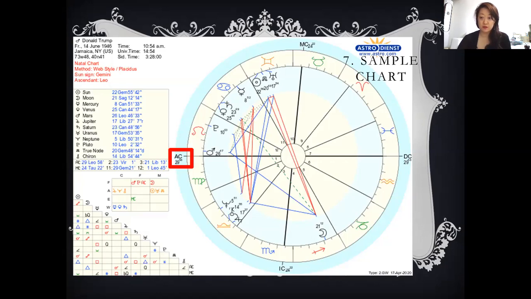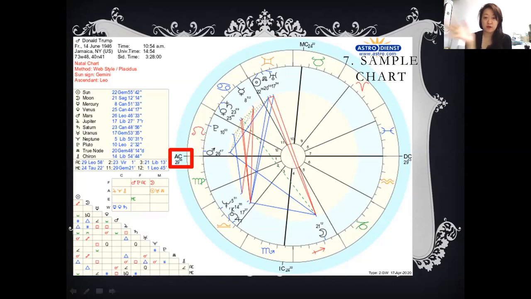So I'm wondering if Trump has his homes abroad away from America. I'm going to have to check that actually. But anything to do with Pisces has a lot to do with foreign lands, foreign countries. You might even enjoy sanctuaries or somewhere secluded, away from the people.